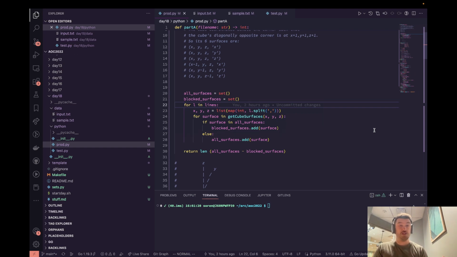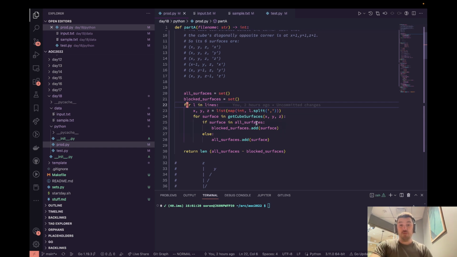And a blocked surface is one that we've already seen once. So as we go through the list, for each cube, we add all of its surfaces to the set. And if the same surface occurs twice, that means that two blocks are touching, and that specific surface is not showing.